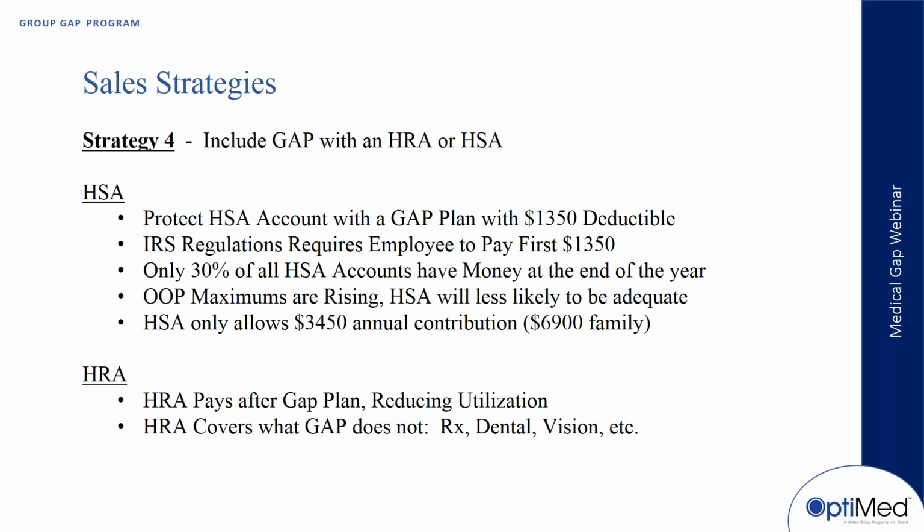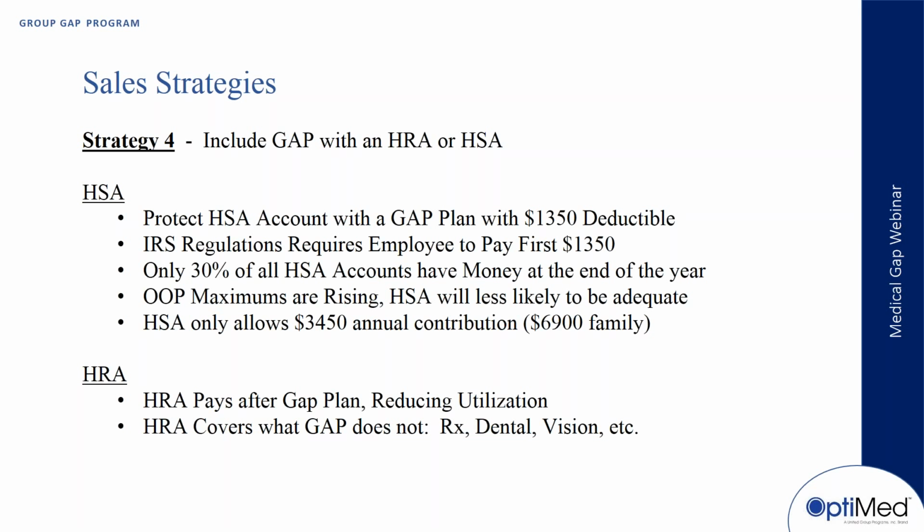Well, you can implement a GAP program with an HSA and make the GAP HSA compatible by putting a $13.50 deductible up front. And as long as the GAP doesn't pay any benefits until the employee reaches $13.50 in eligible expense with us, we can go ahead and put a GAP plan in there with the HSA.